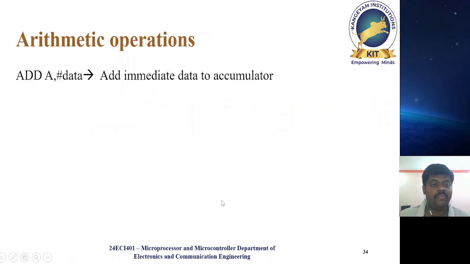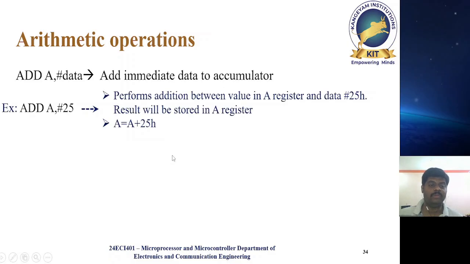Next, ADD A comma #data. Here we are adding the data with a register value in immediate mode. That means this 25 will be considered as data. So A plus 25 will happen. 25 here is data only. It is not any memory. It's direct data. We are giving immediate data in the instruction itself.